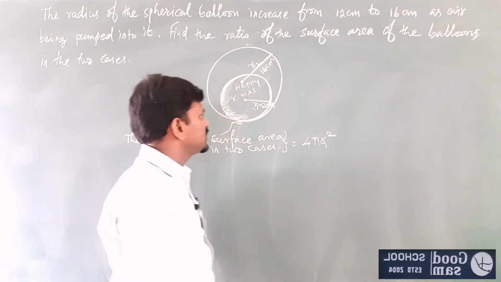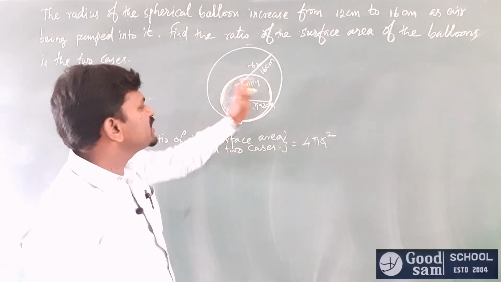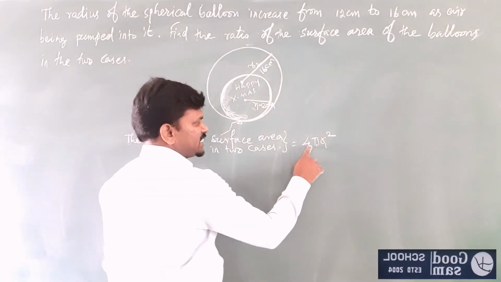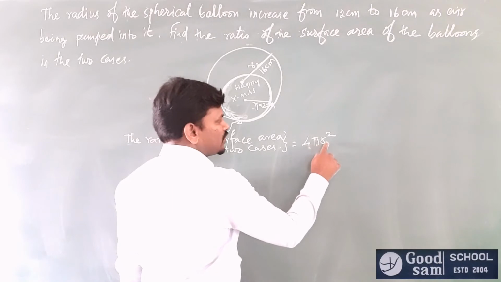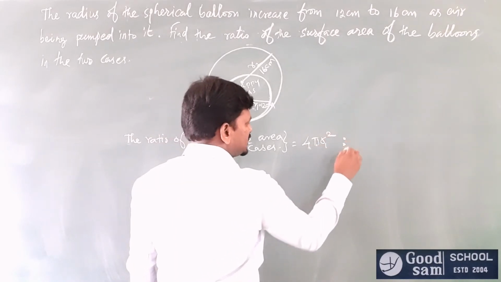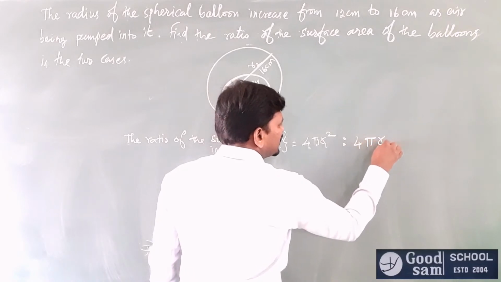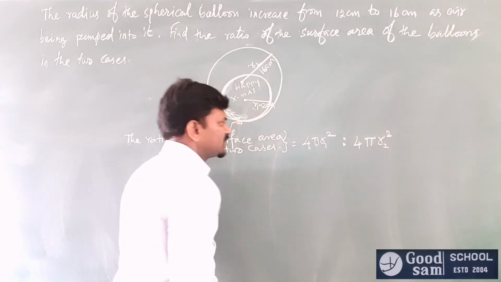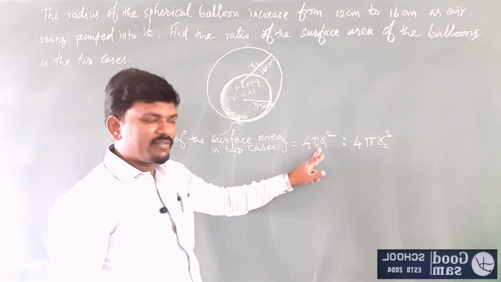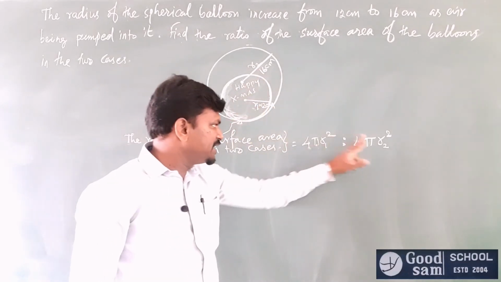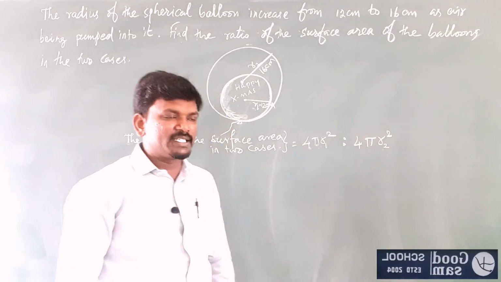We know the surface area of a sphere is 4 pi r square. So the first case is 4 pi r1 square is to, because of ratio, 4 pi r2 square. 4 pi r square is the formula. In the two different cases the radius is different, so r1 and r2.